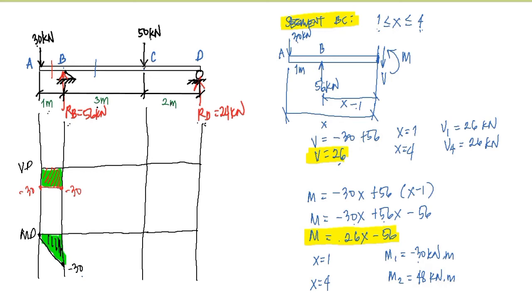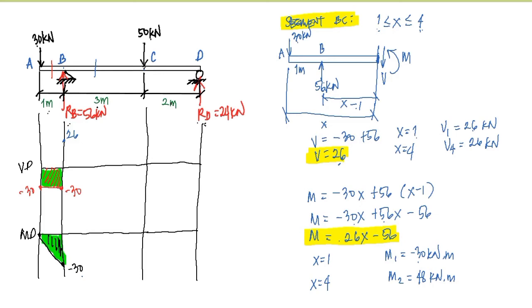Now, what we are going to do is to sketch the shear and moment diagram for the segment BC. Okay, so we have here for the shear diagram, that's 26 kilonewton for x is equal to 1. So we have here 26 kilonewton.